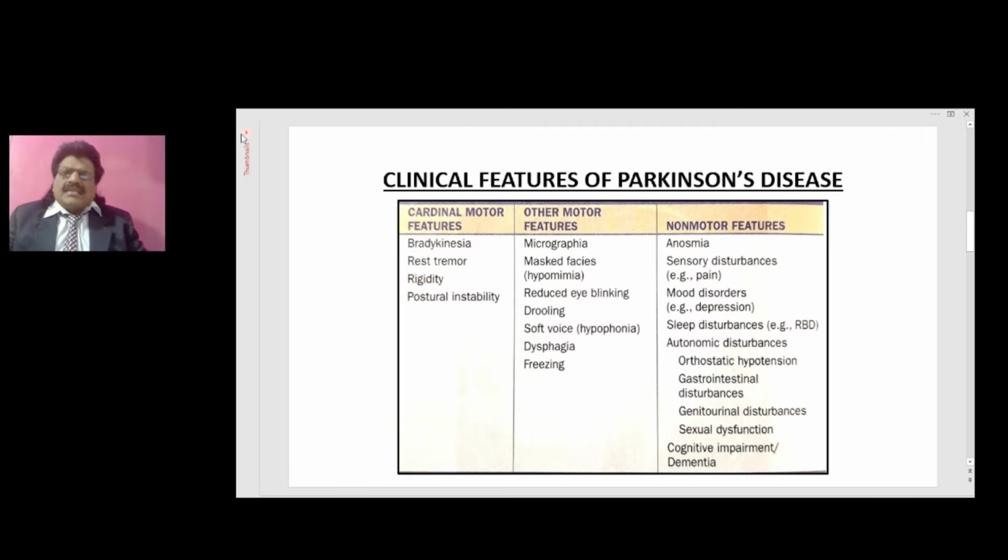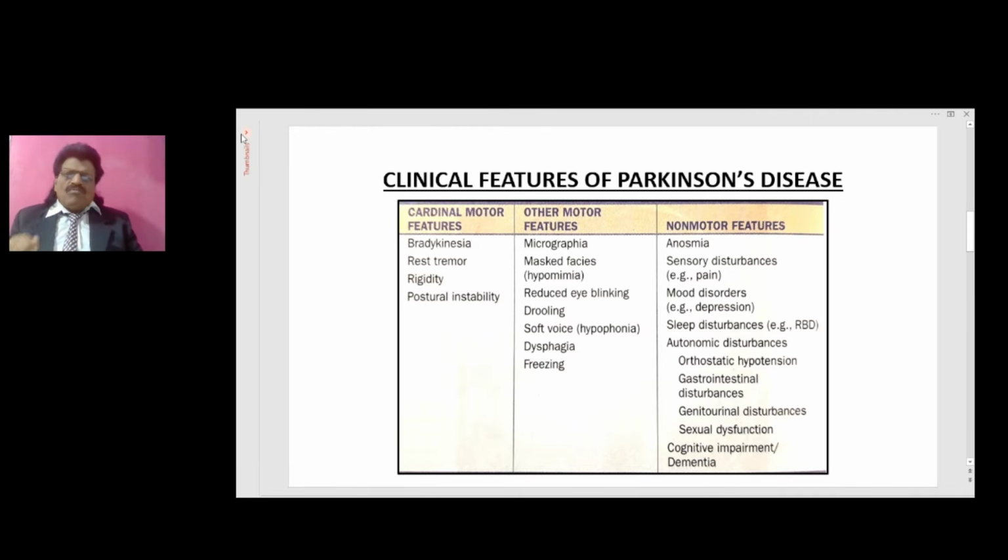They suddenly stand still, with contraction of both agonist and antagonist, so they are not able to move forward. This is known as freezing. So these are the other motor features: micrographia, masked faces, reduced blinking, drooling, soft voice, dysphagia, and freezing.